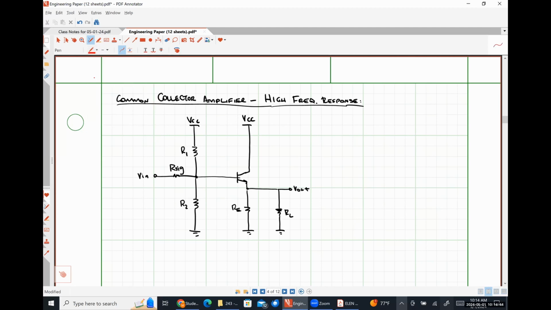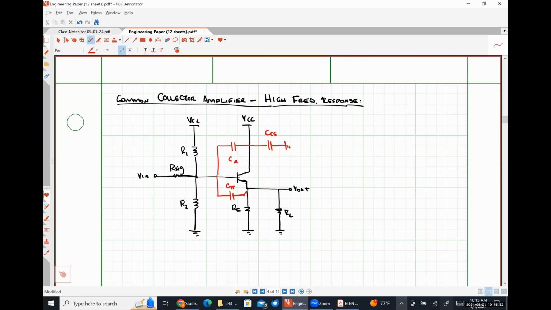Now, we should have a capacitance C mu between the collector and the base. We should have a capacitance C pi between the base and the emitter. And we should have a capacitance CCS between the collector and ground.